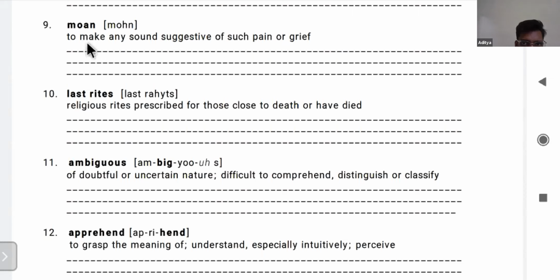Like after the accident, I saw one person was moaning, or even after the death in the family, I saw several members were moaning. So basically, they were crying, they were in pain, they were in grief, etc. Now you got it? Yes. I made the sentences for you. Now you make two sentences for me.